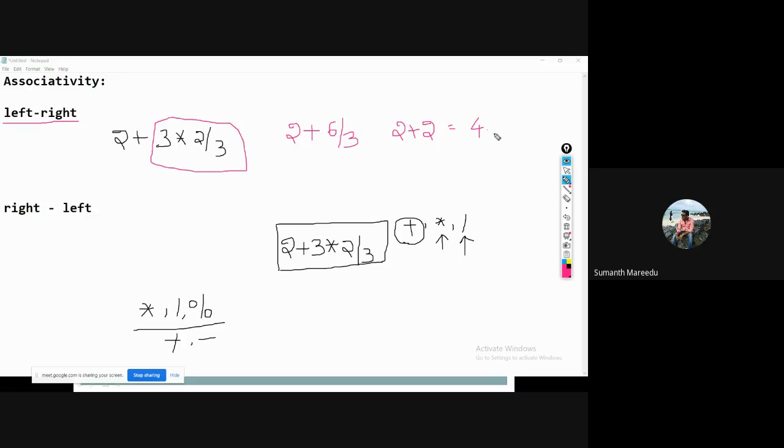And in some cases, you can also have an associativity from right to left. So what does right to left associativity mean? When operators with the same precedence exist, and if associativity is from right to left, I will try to apply the operators which exist on the rightmost, and from the rightmost I'll move towards the left side.